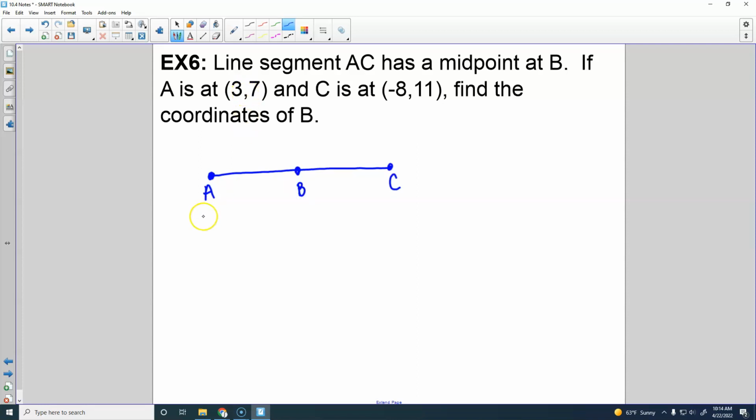A is at 3, 7, and C is at -8, 11. And we need to find the coordinates of B.